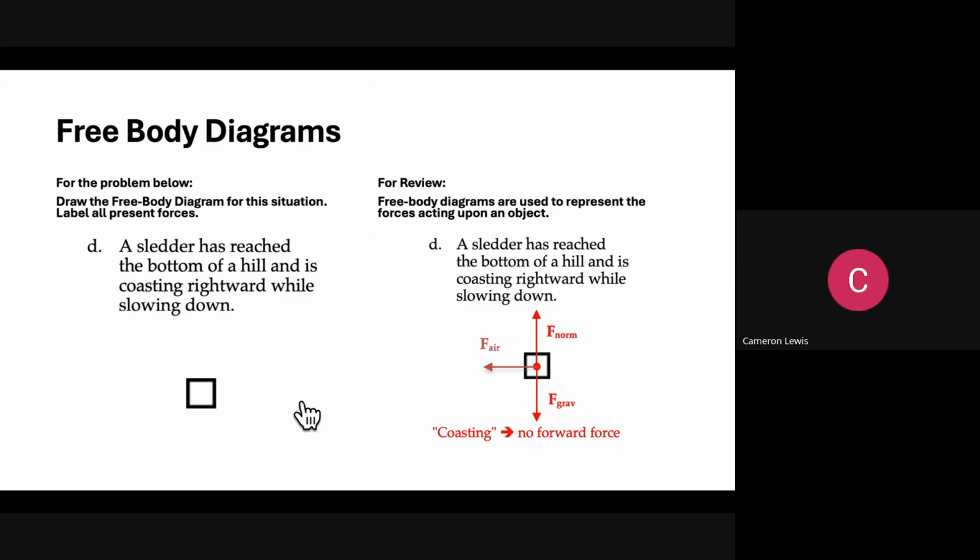Now that I went over that whole problem to give you an overview of what we've done so far: we talked about forces, balanced and unbalanced forces, the types of forces, and then relating that to both the first and second law. The first law: if the forces are balanced, then the object in motion stays in motion until it's acted upon by an unbalanced force.